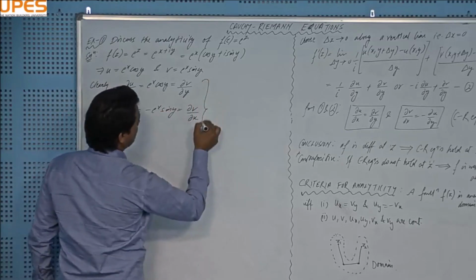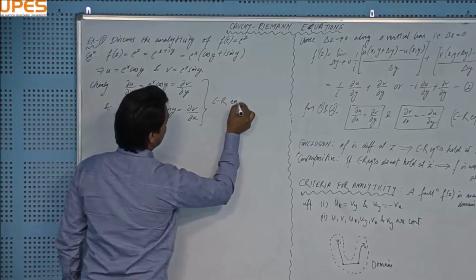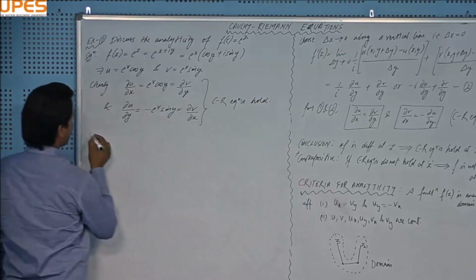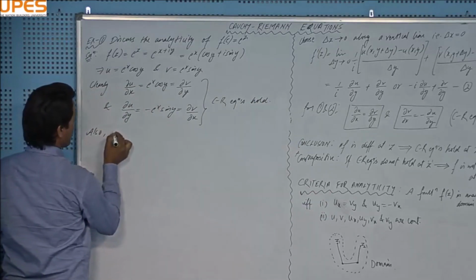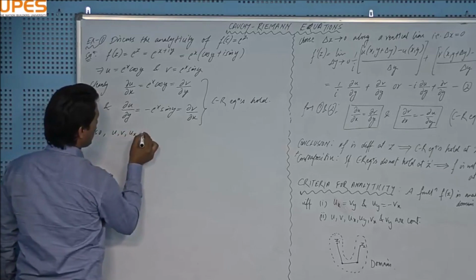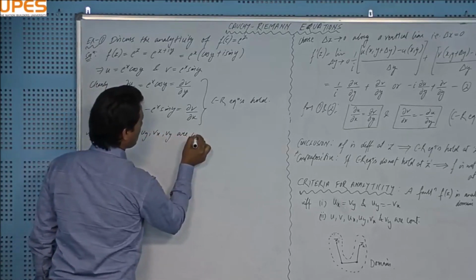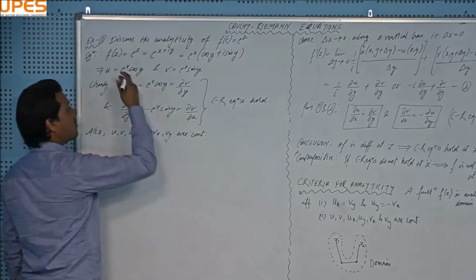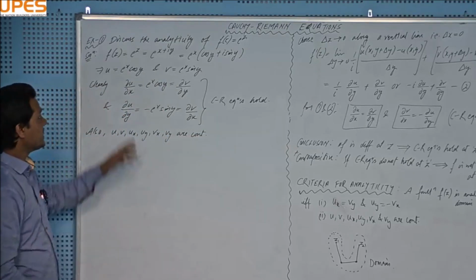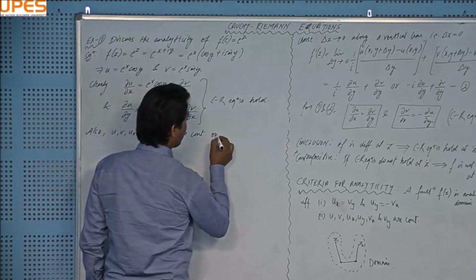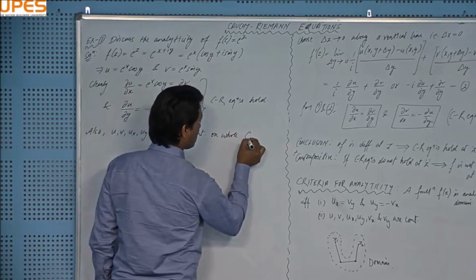CR equations are satisfied, CR equations hold, and this is the first part, right? Also, you can see that u, v, ux, uy, vx, and vy are continuous throughout the domain. You can take any x and any y, right? They are continuous on the whole complex plane C, right?